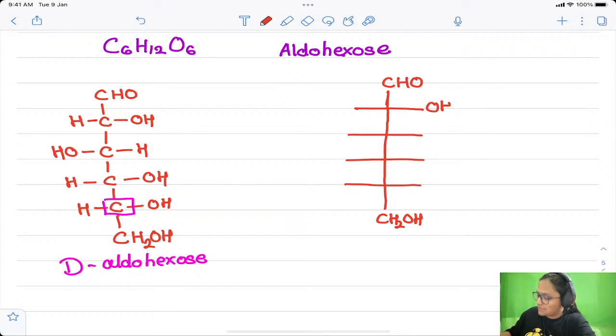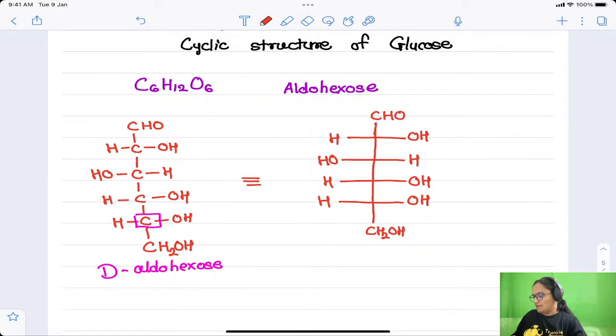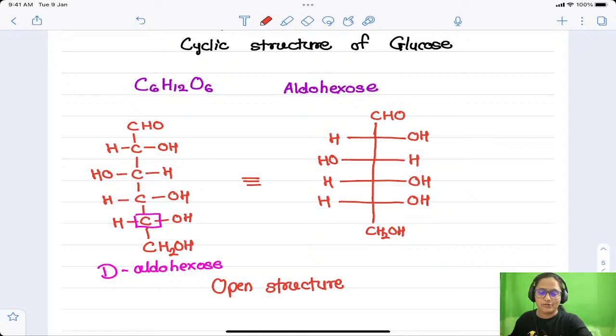Then OH, H, OH, OH, right? So this is how you can write down the open structure of glucose. Now from this open structure only we are going to see how to draw the cyclic structure of glucose. You can just take a screenshot of this page first of all.